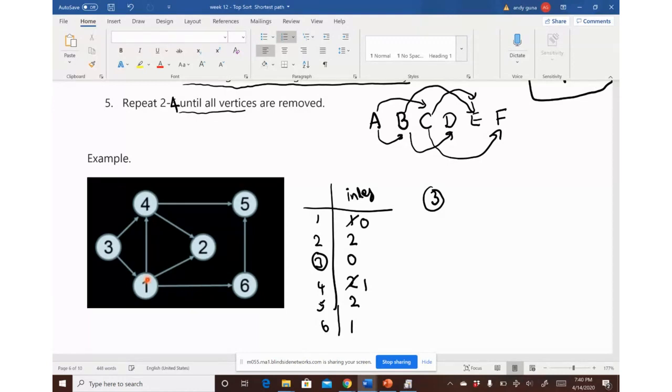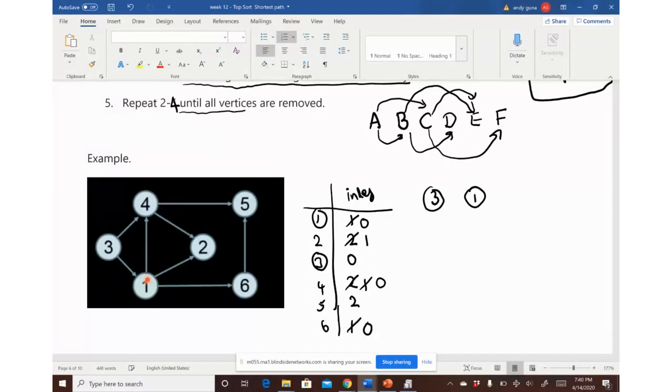So next we choose the next 0, which is 1, and we reduce anyone connected to 1 by 1. So connected to 1, you have 4, 2, and 6. So 4 will go to 0, 2 will go to 1, and 6 will go to 0.